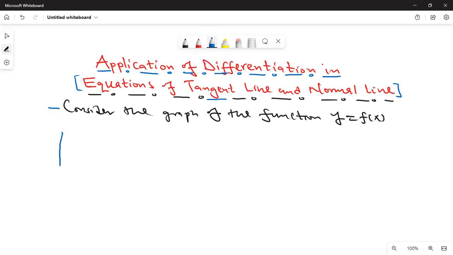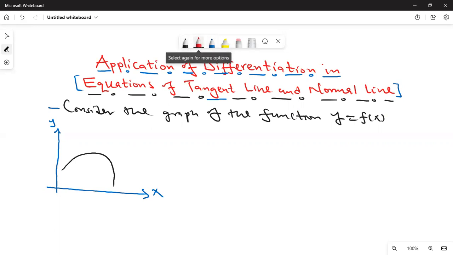We will have the x-axis and the y-axis. This should be a vertical line and a horizontal line, x, y. So let's say we have this kind of a graph like this one. That is y is equal to f of x.